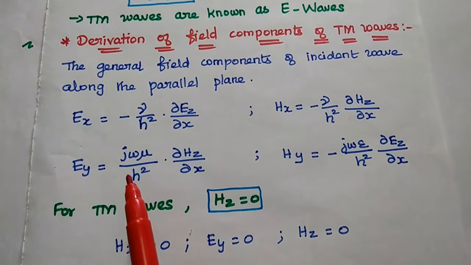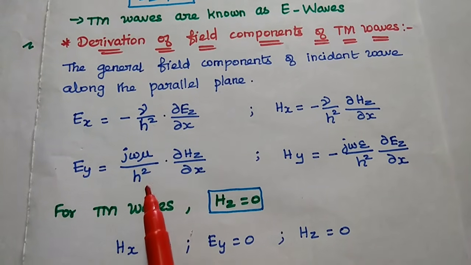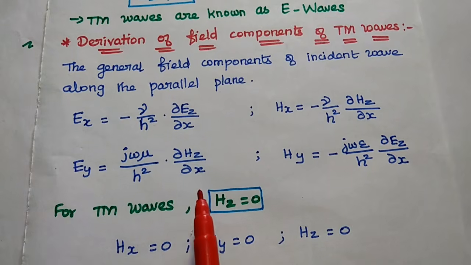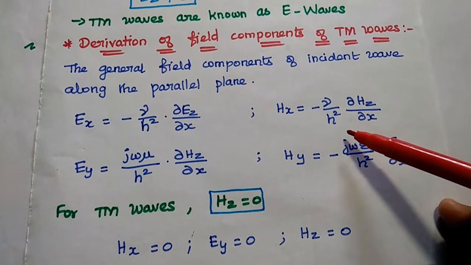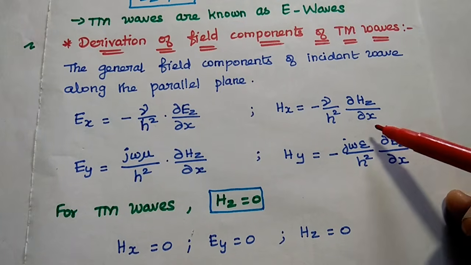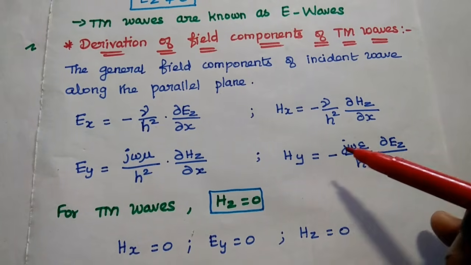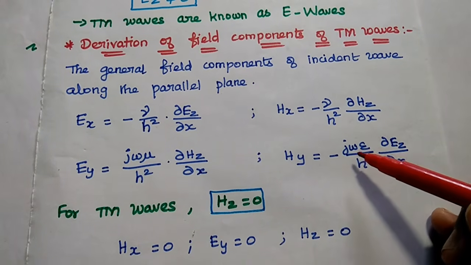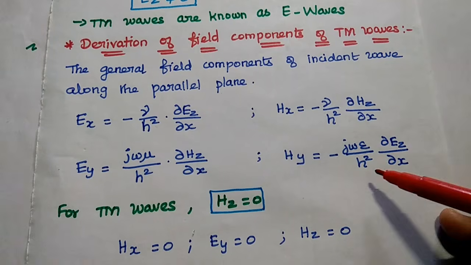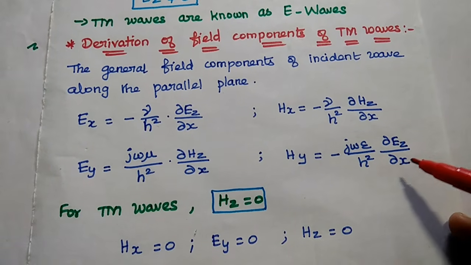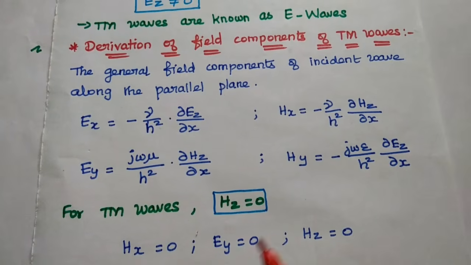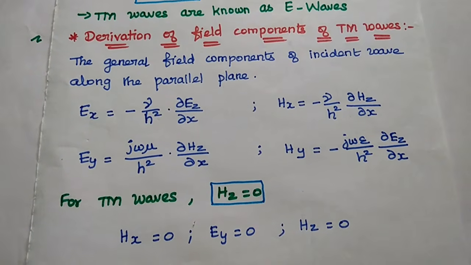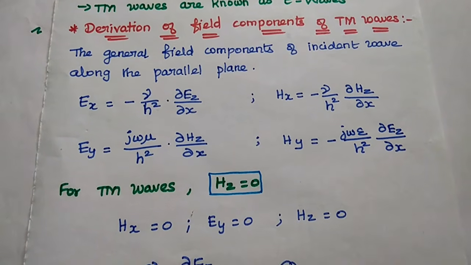Ey is equal to j omega mu by h squared dou Hz by dou x. Hx is equal to minus gamma by h squared dou Hz by dou x. Hy is equal to minus j omega epsilon by h squared dou Ez by dou x. You have to remember all these general field components of the wave along the parallel plane.